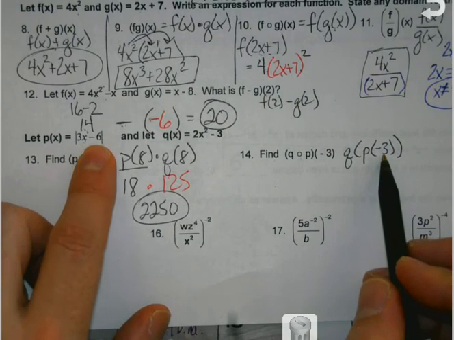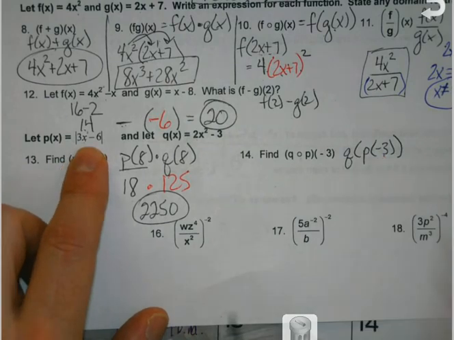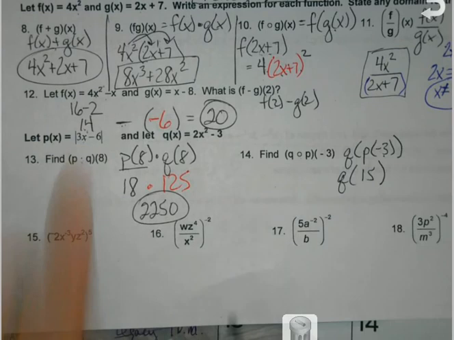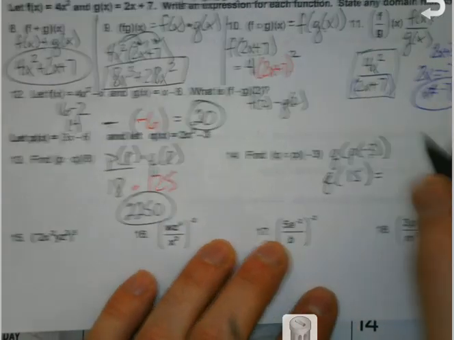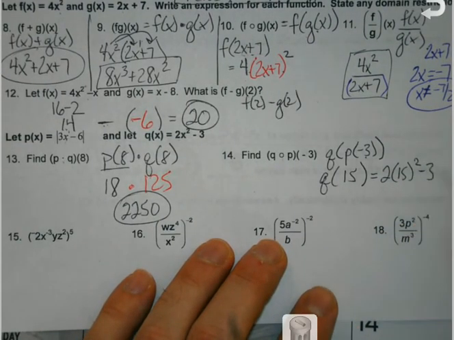Minus 6 is negative 15, but it's the absolute value. So the absolute value of negative 15 is 15. So that's what P of negative 3 equals, so that's what I'm going to now plug into Q. So I'm going to do 2 times 15 squared minus 3.